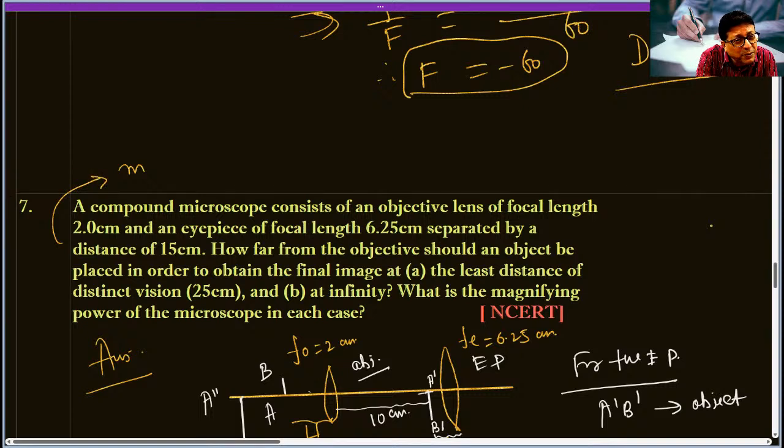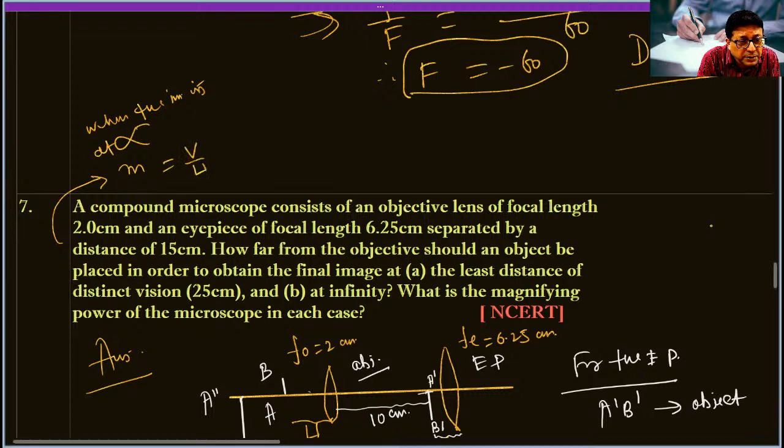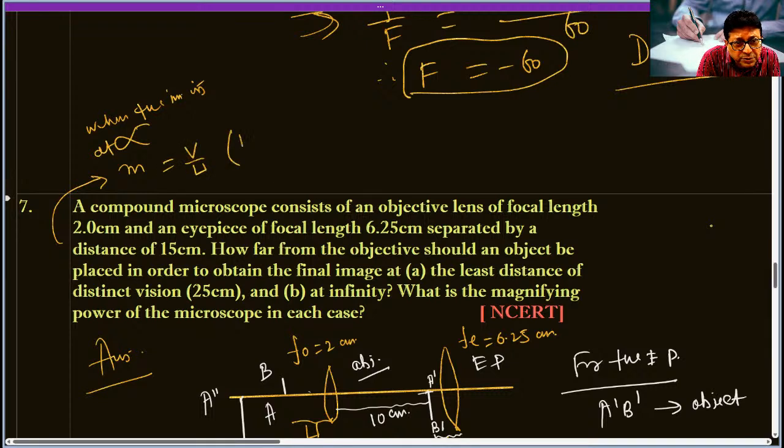When the image is formed at infinity, M equal to V by U into, remember this.